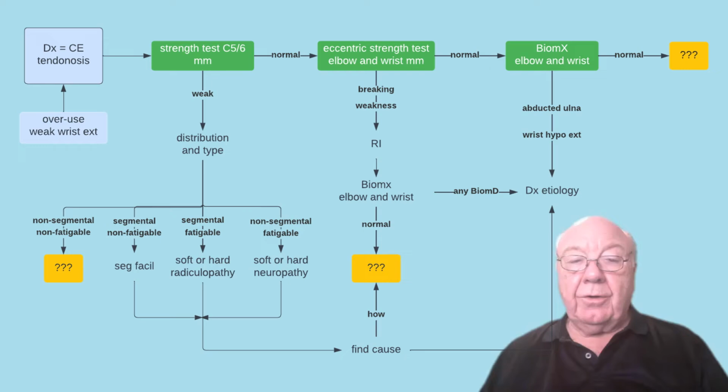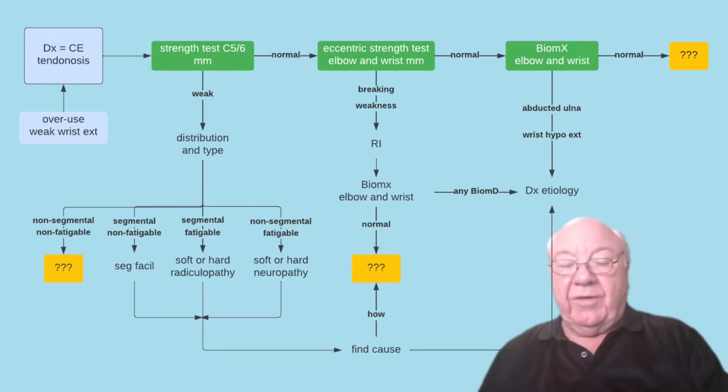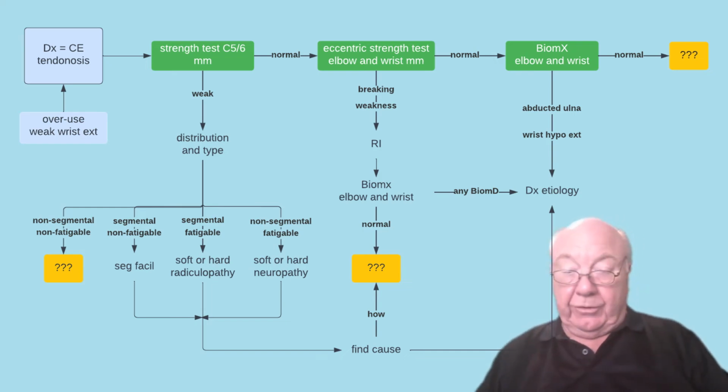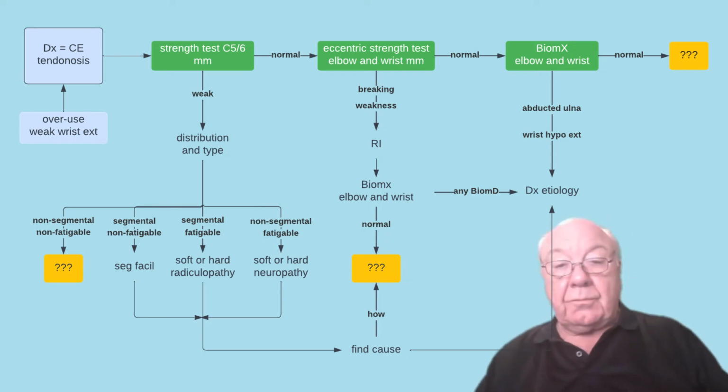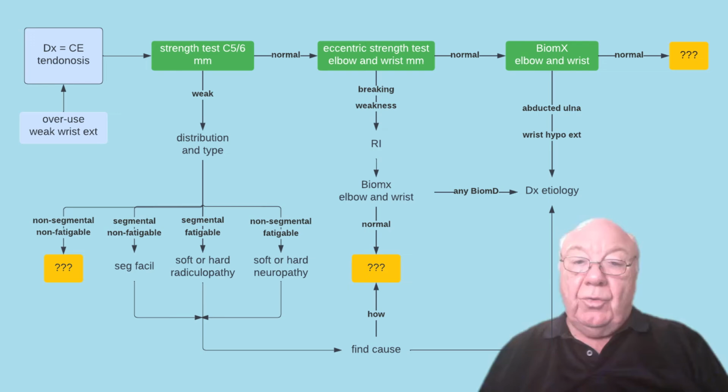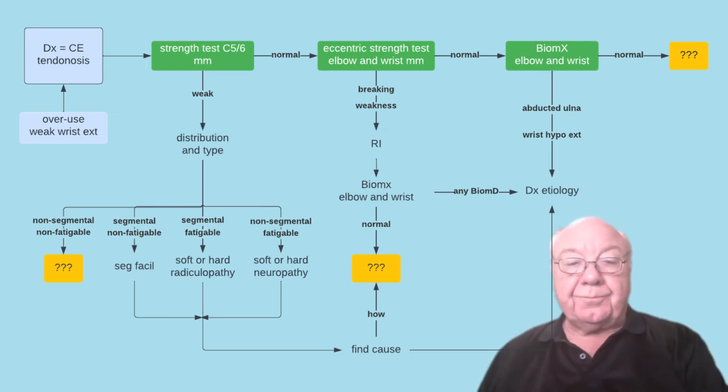Okay, so we're going to look at the etiology search for common extensor tendinosis. Now, this is one way of doing it. It's the way I suggest, simply because you don't really want to go wobbling things until you know whether there's a neurophysiological problem present. So find the neurophysiological changes before you alter them by wobbling, either deliberate or non-deliberate.